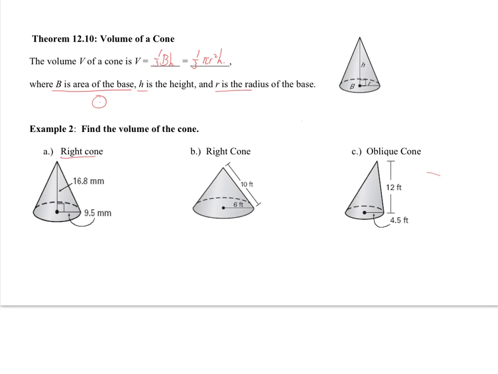So this is a right cone, meaning it's standing at a 90-degree angle. So here we go. Volume equals 1/3 times the base area, which is pi, times, now we're given the radius, 9.5, so 9.5 squared, times the height of 16.8.